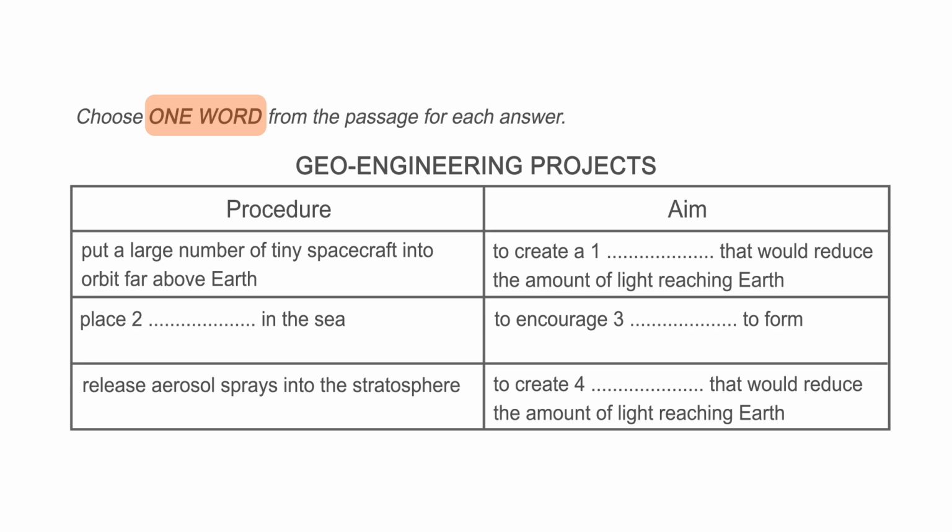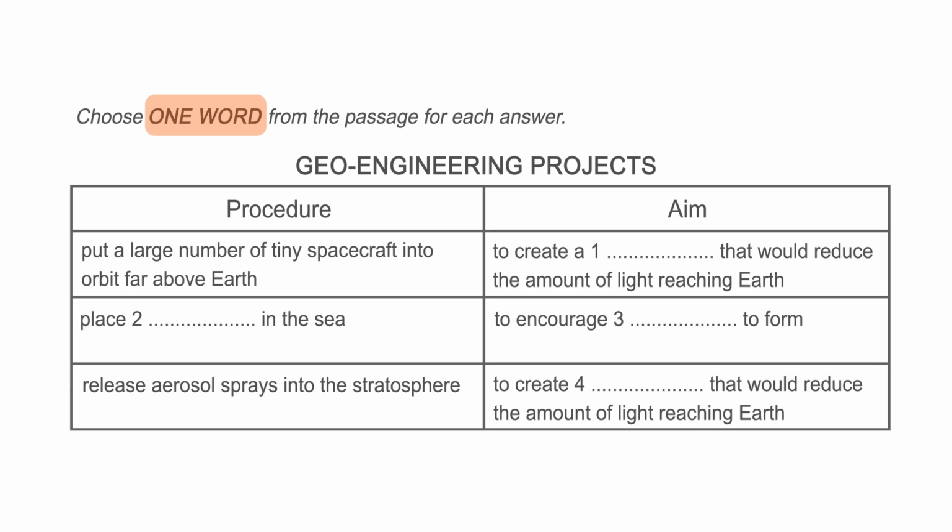Now, for number 1, we have the procedure, as you can see in the table, and aim. So you have to look for the keywords in both procedure and aim, right? In both the left and the right part of the table.